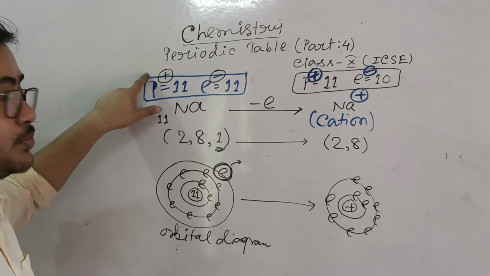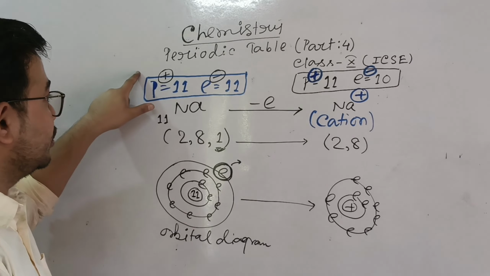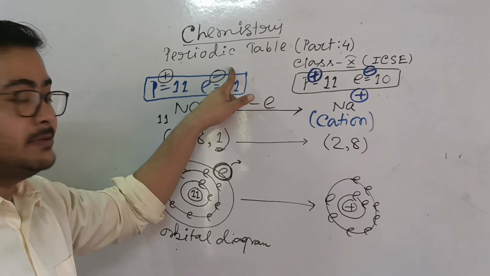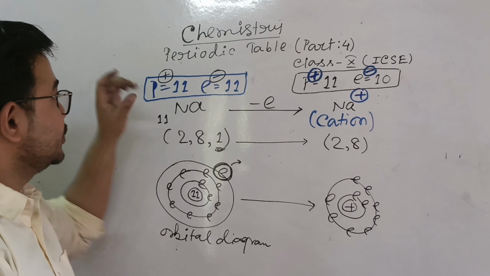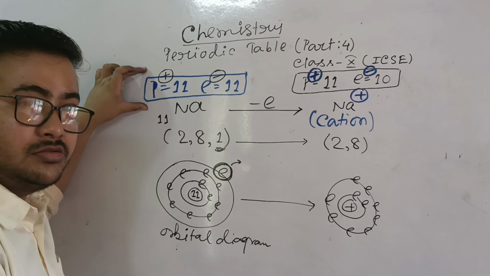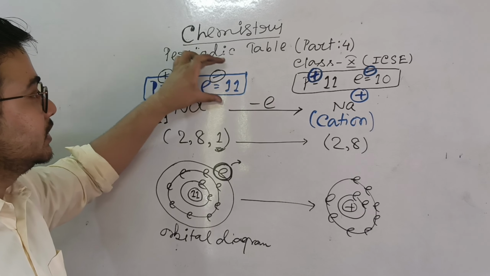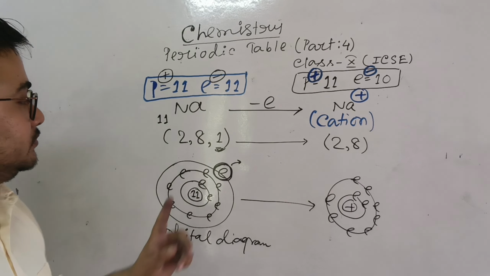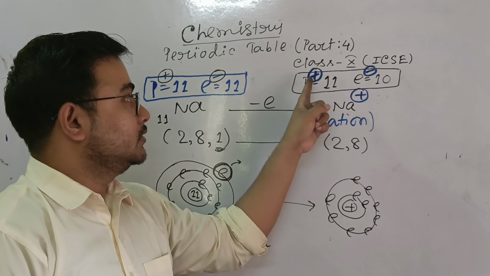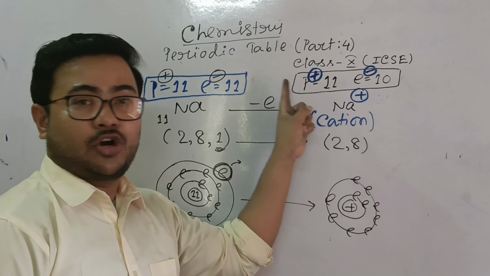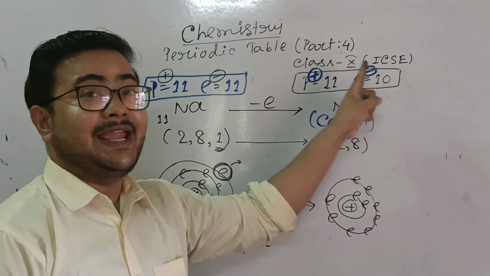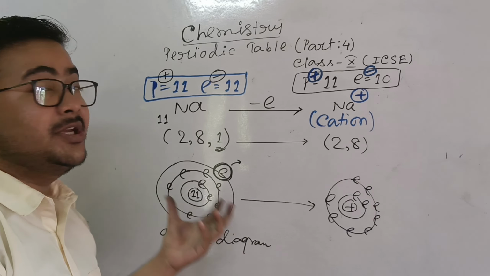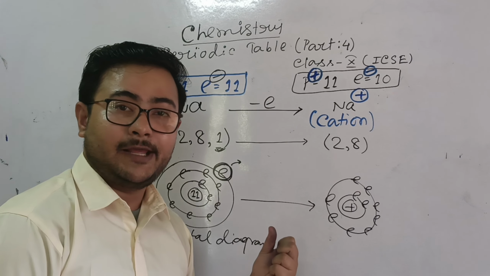Since protons are positively charged, protons attract the electrons, because electrons are negatively charged, and plus always attracts minus. So here 11 protons attract 11 electrons. But here 11 protons attract 10 electrons. So where will the more attractive force play?